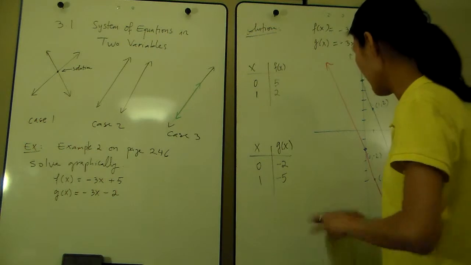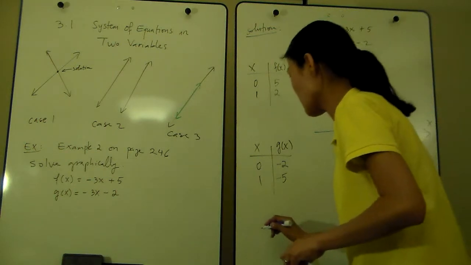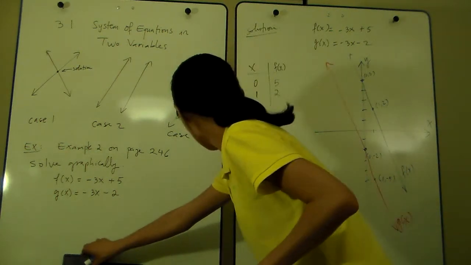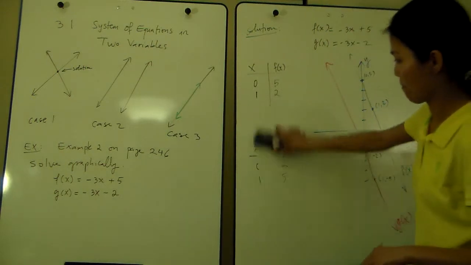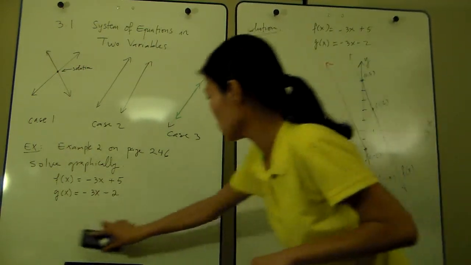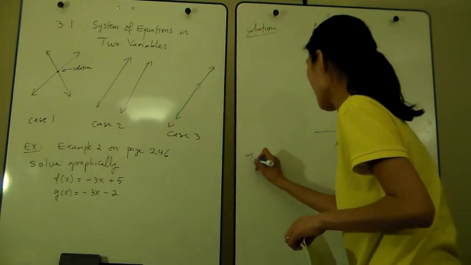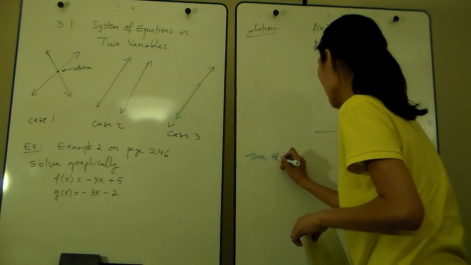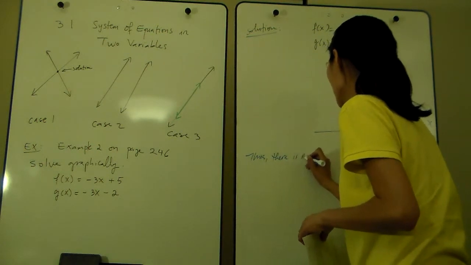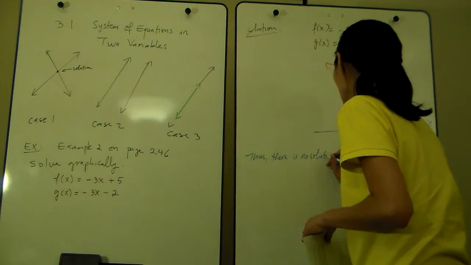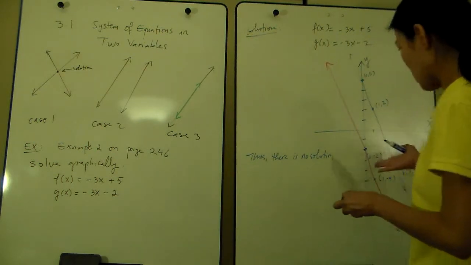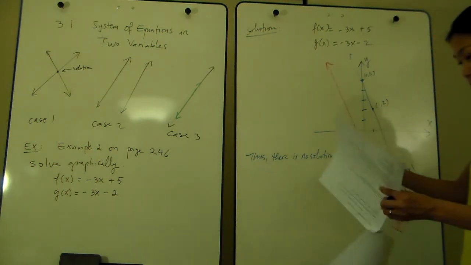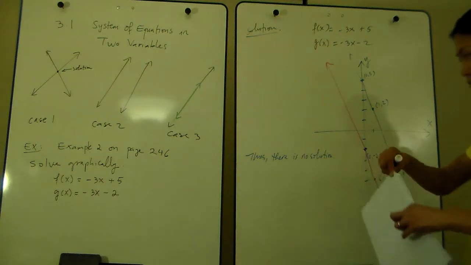So let me just say, thus, there is no solution. This is case 2. That means that the lines never intersect each other.